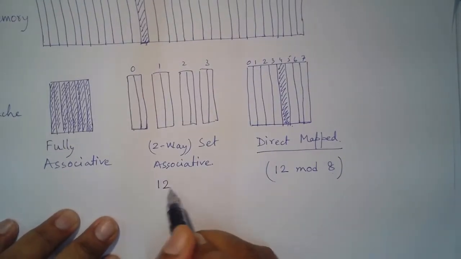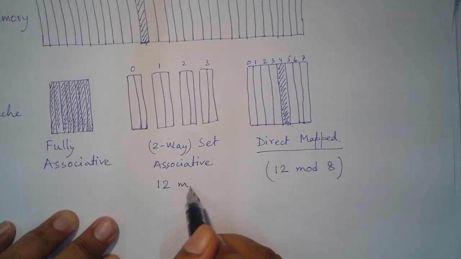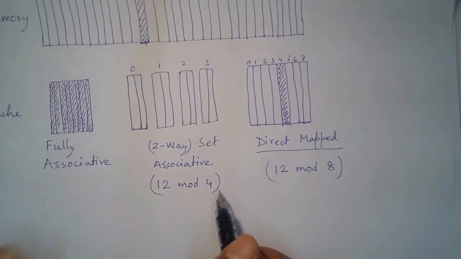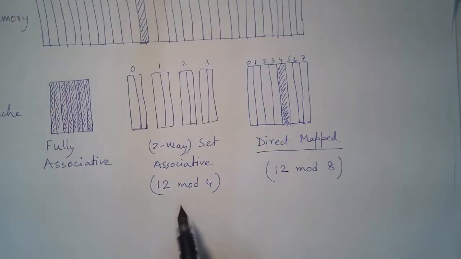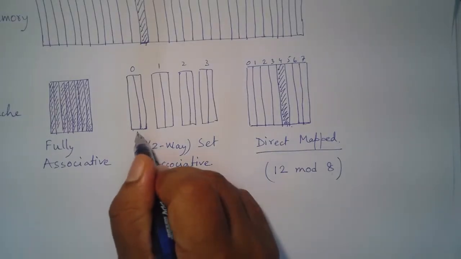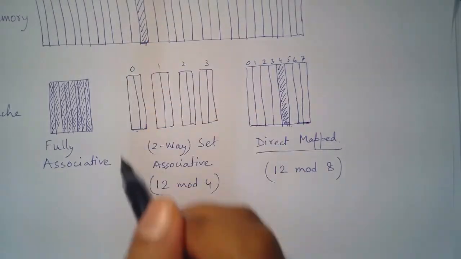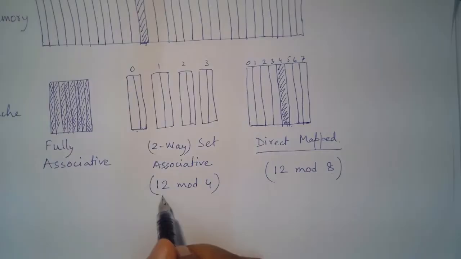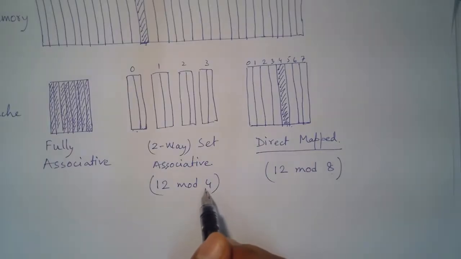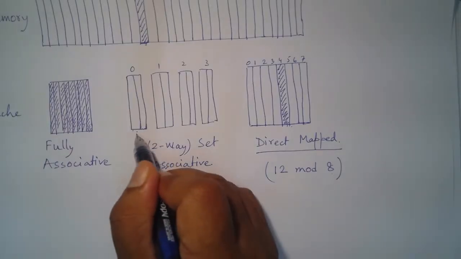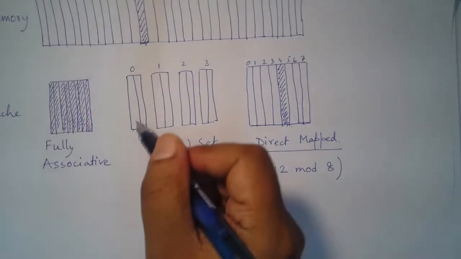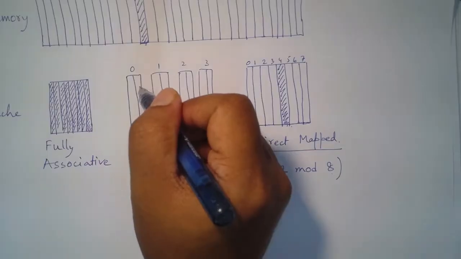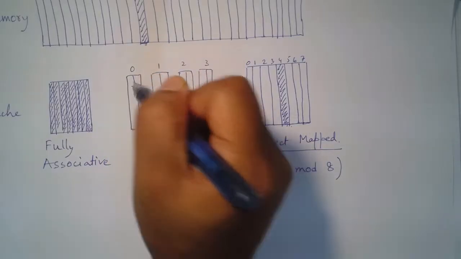Basically 12, the block we need to bring in, mod 4, and that will give us the remainder, and the remainder will tell us which is the set where we can bring in block number 12. Now in this case 12 mod 4 will be 0. So this is the set of blocks where I can put in block number 12. Now you see that you have the flexibility to either put the block here or here.